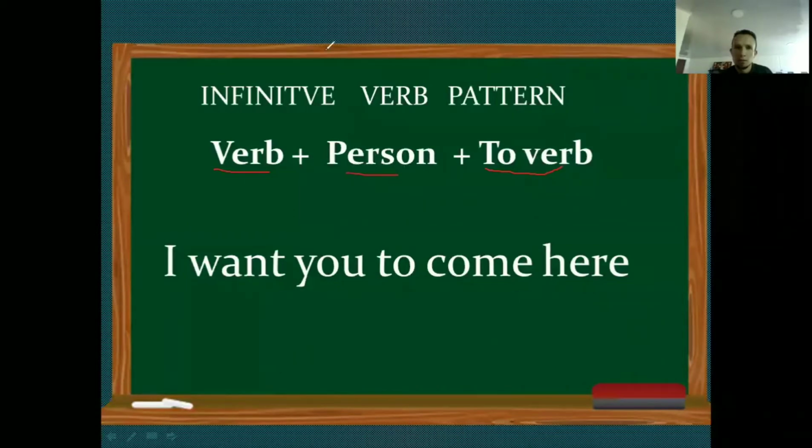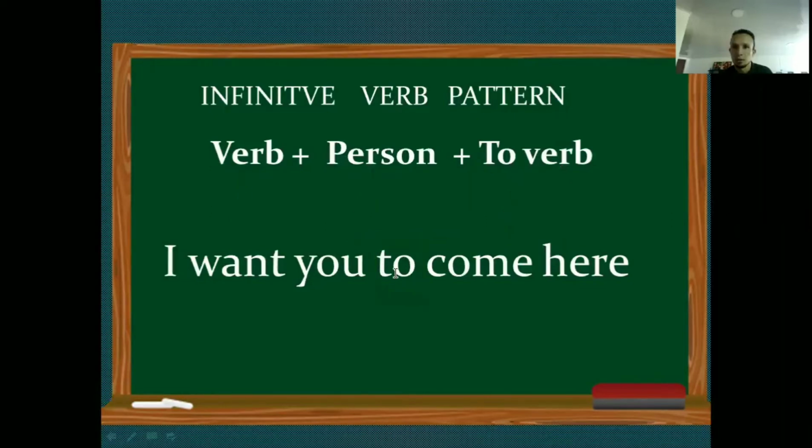Like for example, in this sentence, I want you to come here. How it goes, it's necessary the second verb to be used with to. In what cases? For example, when I have want, when I have inspire, when I have other verbs that are in infinitive, it's necessary to use to.